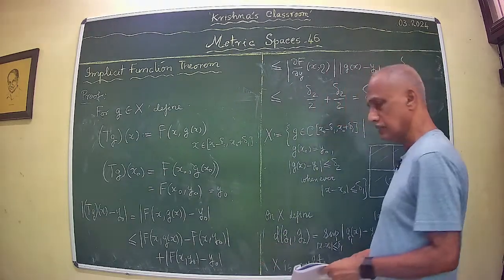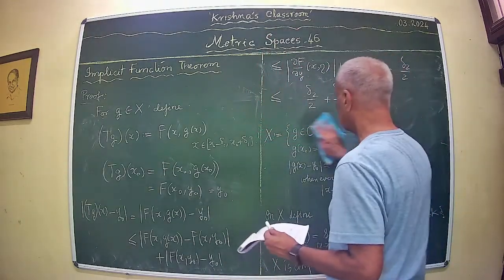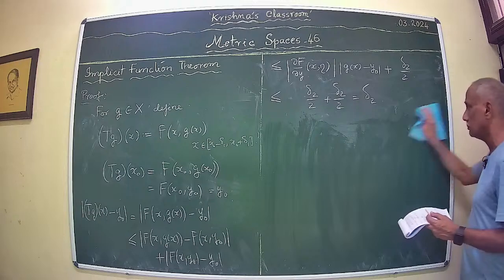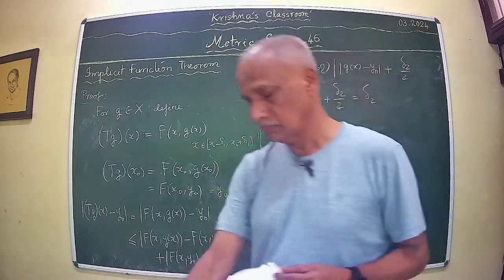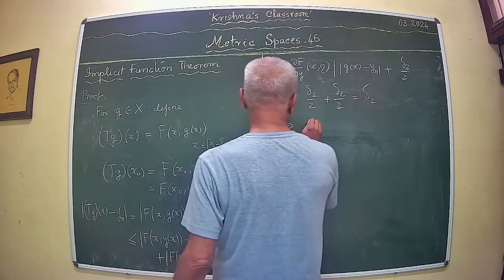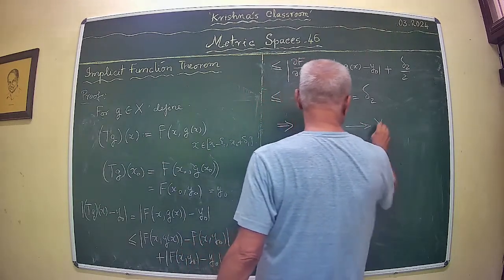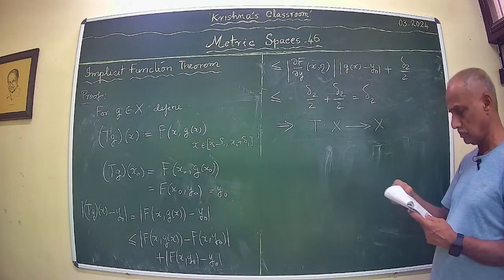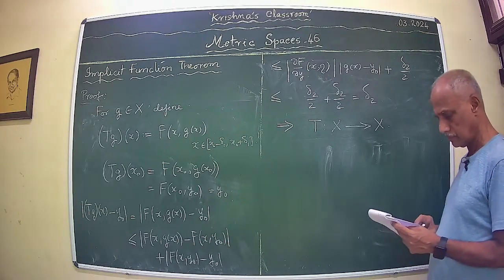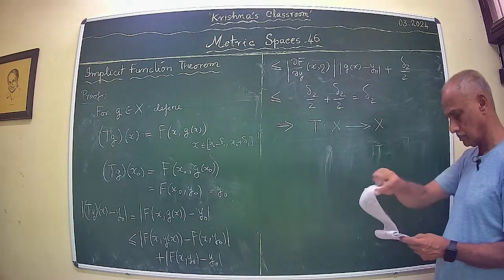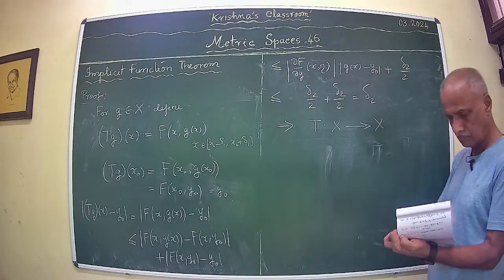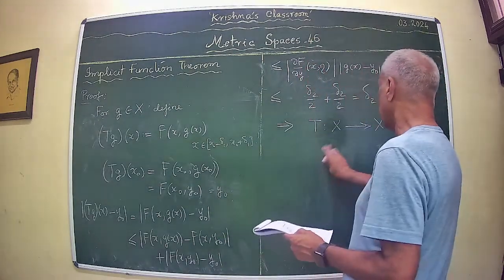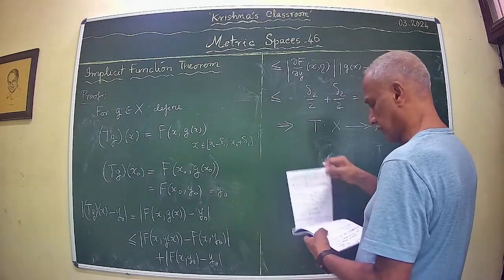And that implies T is a map from X to X. So T is a map from X to X. Okay, so that's the first part that we want to prove.